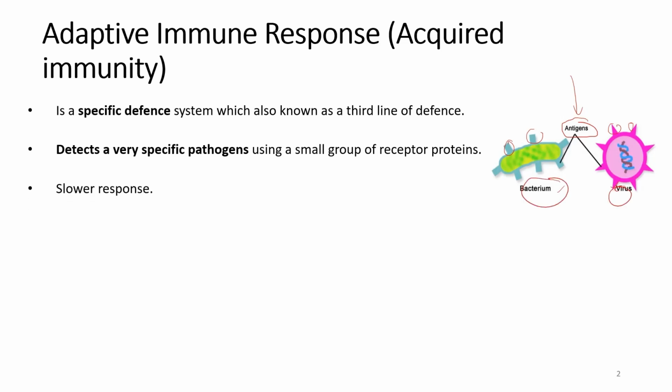The adaptive immune response is slower compared to the innate immune response because it takes time to learn about the new invaders before the immune system kicks in. It is activated after innate immunity takes effect.